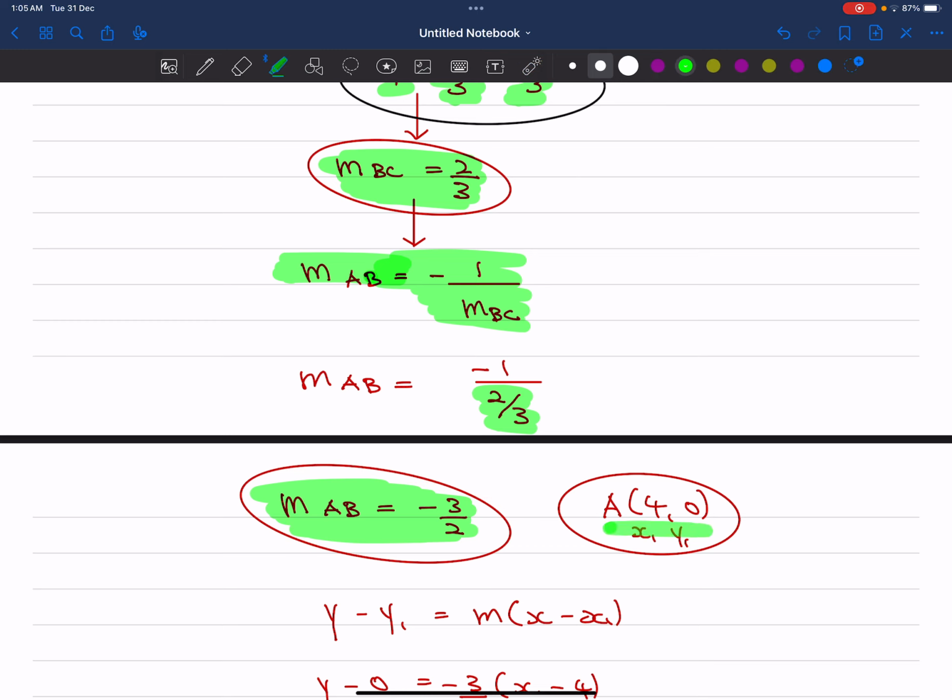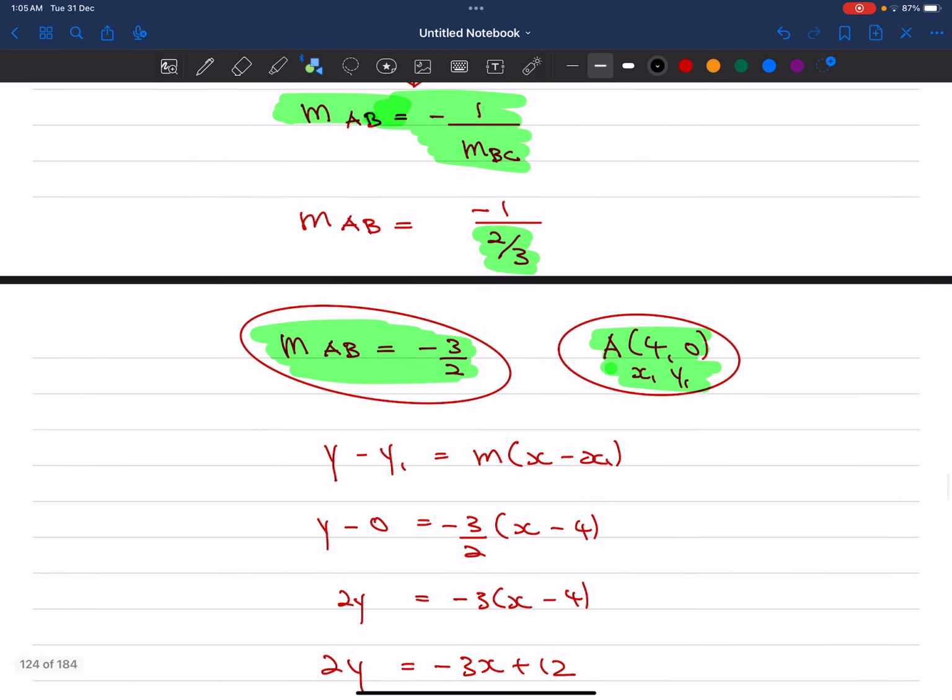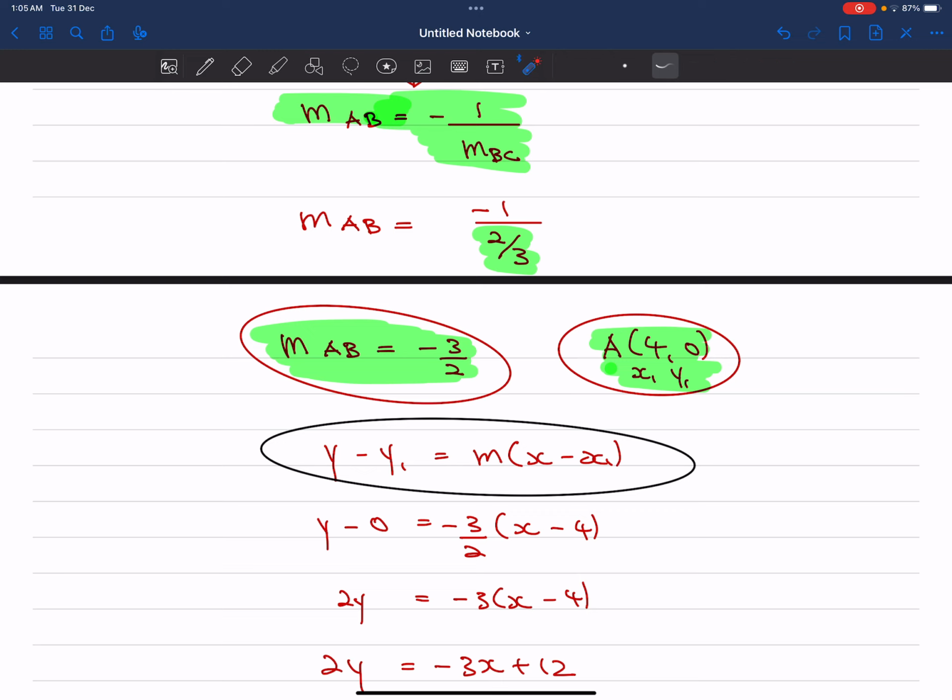Now we have the gradient AB. We have the point A, which is (4, 0). We will substitute in the formula for a straight line, which is y minus y1 equals m times (x minus x1). We substitute y1 as 0 and x1 as 4.